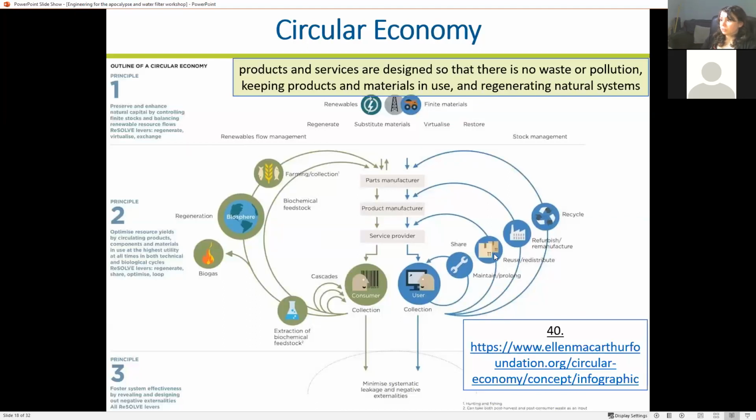The ability to reuse and redistribute, so making things that can be given away, like with clothes, giving them to a charity shop, giving them a new life, upcycling them, those sorts of things, and moving down to refurbish and remanufacture. In this case, it's a bit like with your bicycle, being able to improve its design. And then the final port of call, not the first one, is recycling.